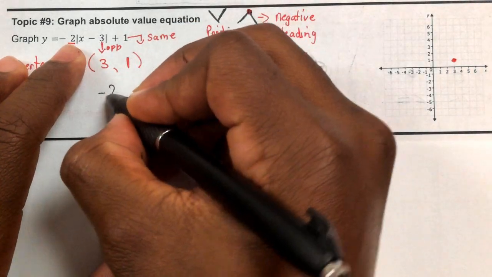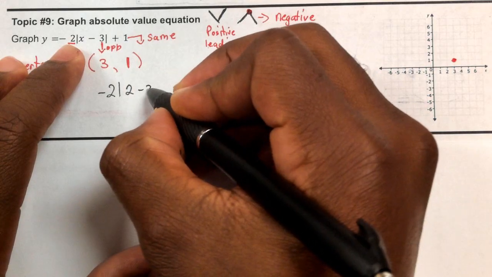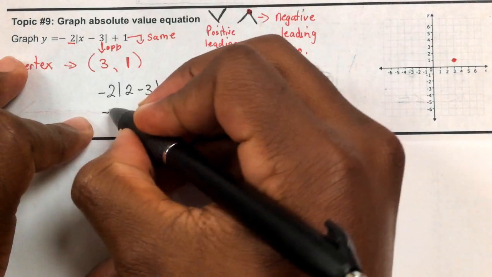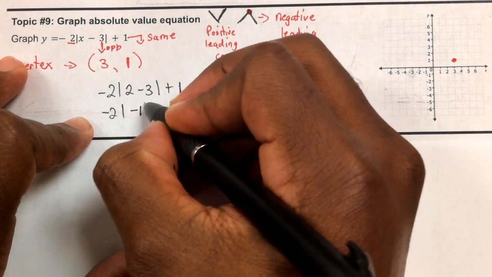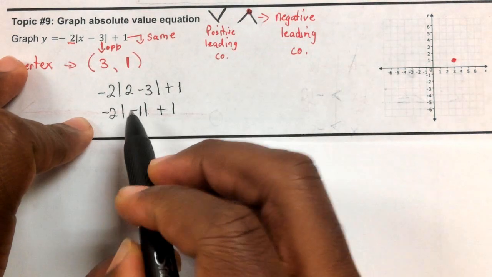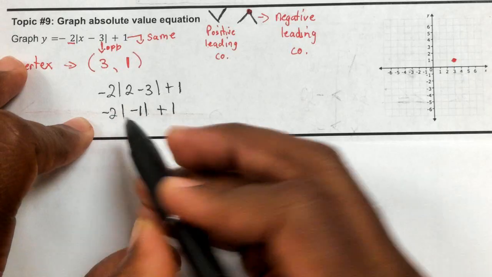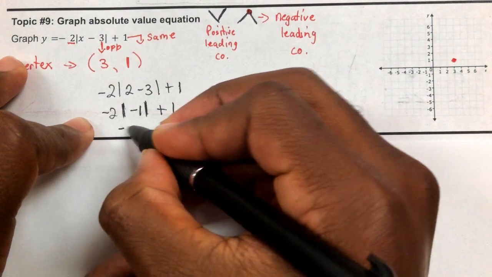So I would have -2 absolute value of 2 minus 3, plus 1. Then I would have -2 absolute value of -1, plus 1. When you apply the absolute value to a number inside, it makes that number always stay positive. So this -1 will turn to a +1.